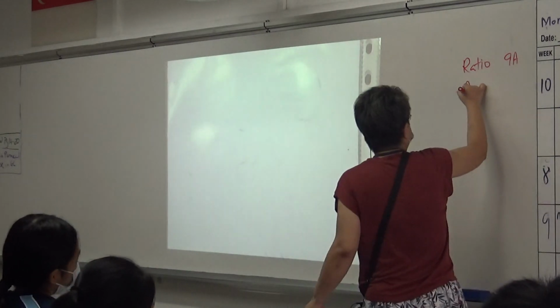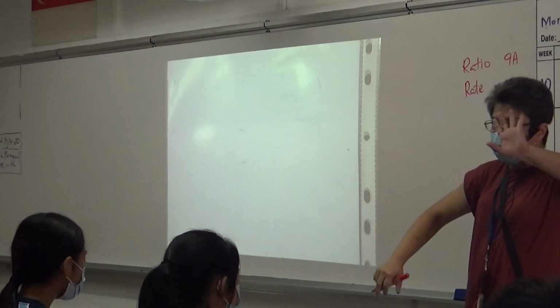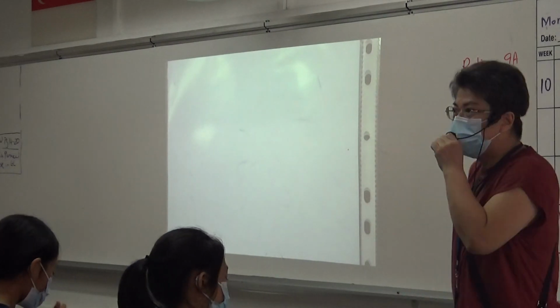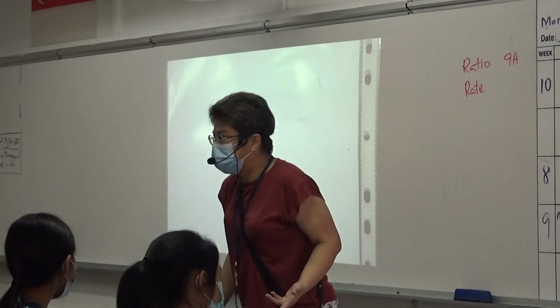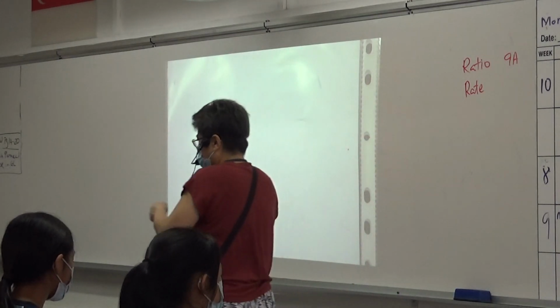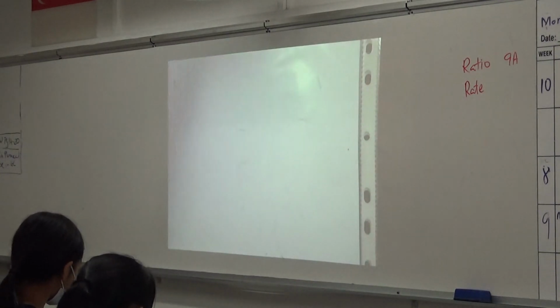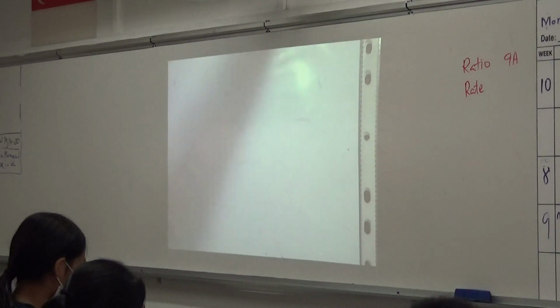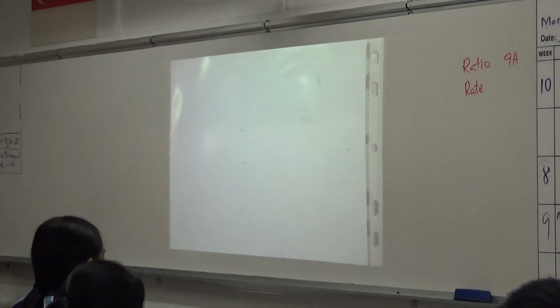And for rate, I will do part of it because 9B is very long. Then tomorrow I will continue 9B again. Do you understand what I'm saying here? Okay? All of you turn to page 14 now. I'm going to explain all the questions. Okay? Alright?